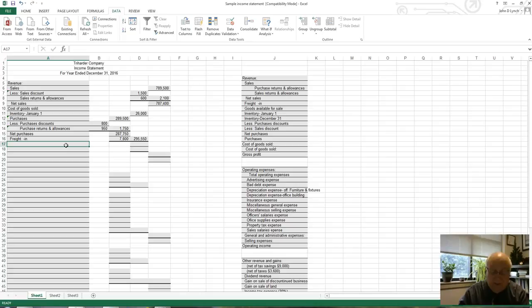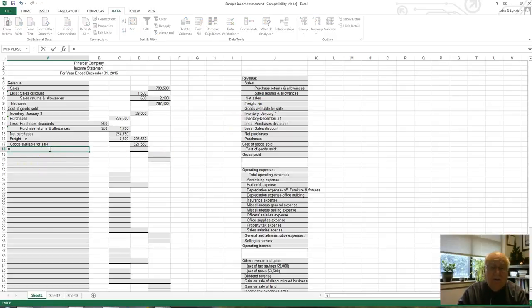That's my cost of goods purchased, really. And then we add that to the beginning inventory, $295,550 plus the $26,000, to come up with $321,550, and that is my goods available for sale.